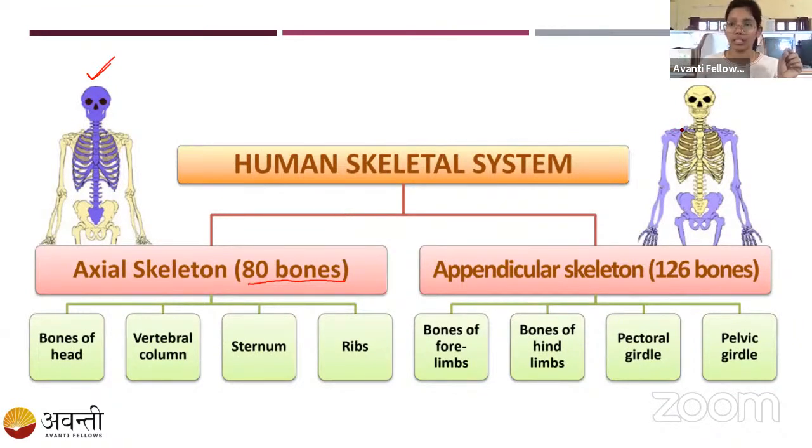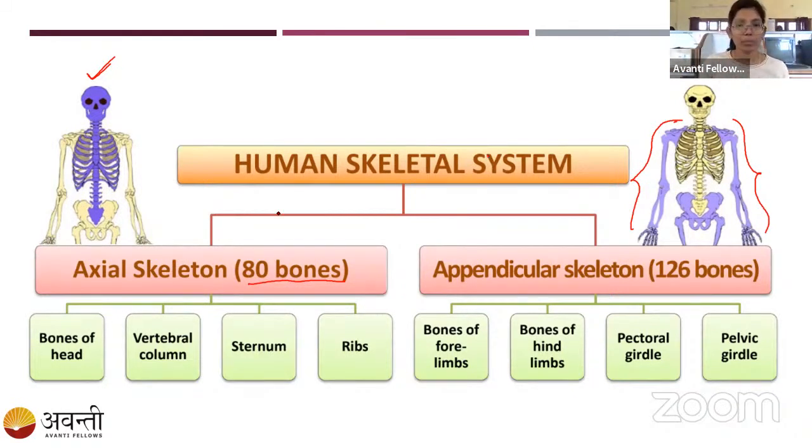In this image you can see the blue colored one, the appendicular skeleton, which has 126 bones, the bones of the forelimbs, hands, and hind limbs, legs. Where the hands are attached is the pectoral girdle, and where the legs are attached is the pelvic girdle.